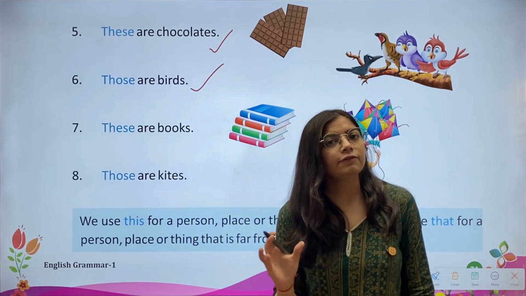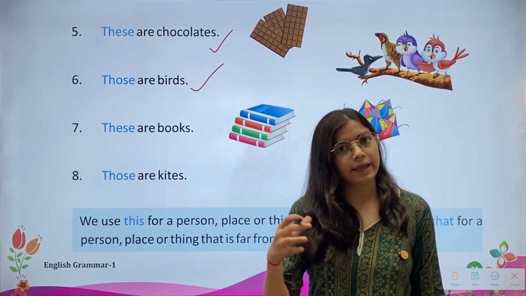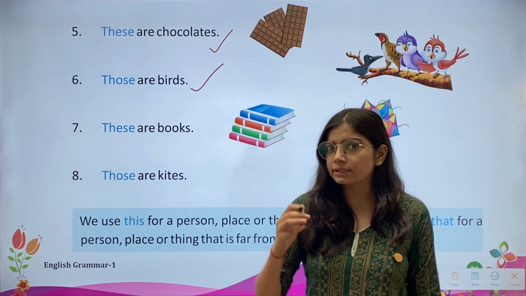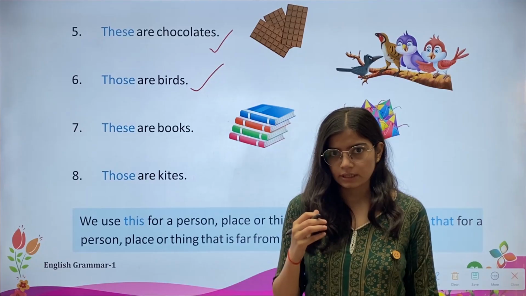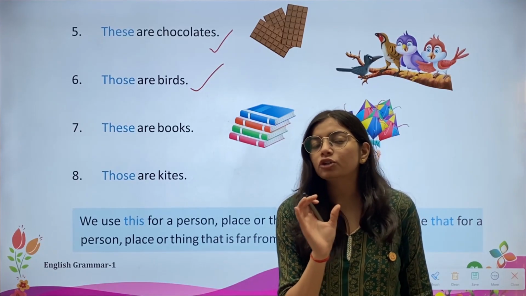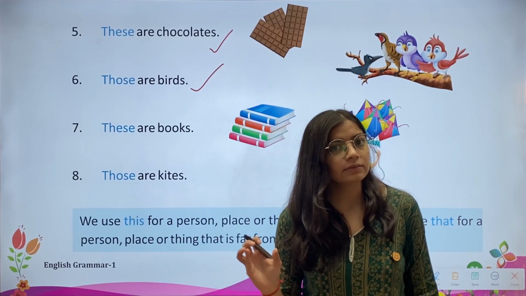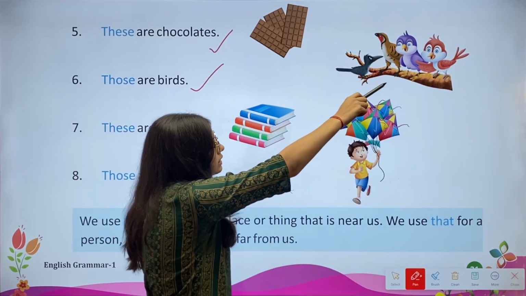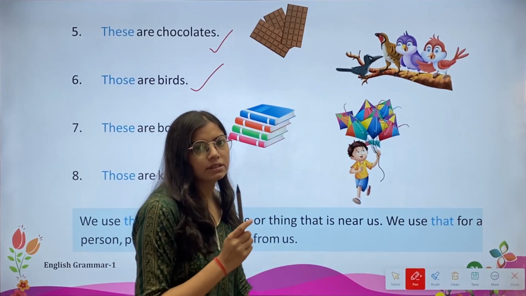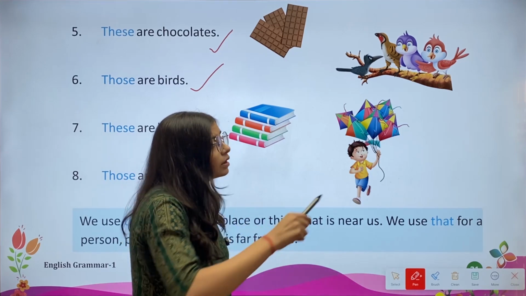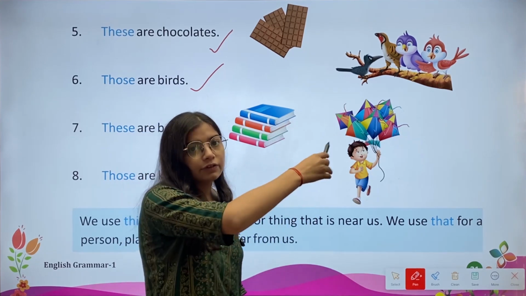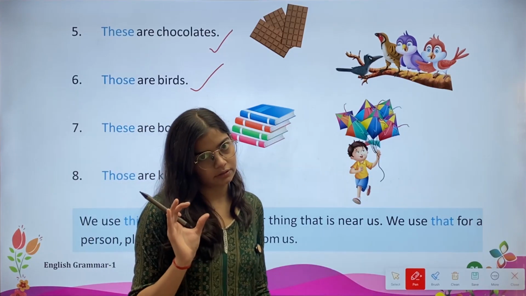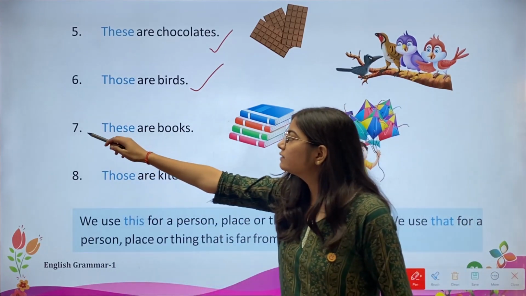So if we are talking about again many things, plural things, and the object is far away from us, then we use the word those for animal, things, and place. As you can see, there are so many birds, right, that are far away from us. So we use the word those here. Okay. Then we have seventh one.